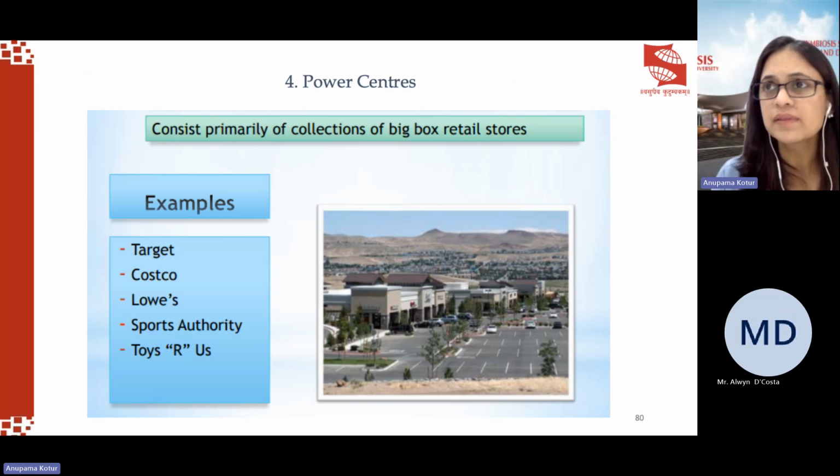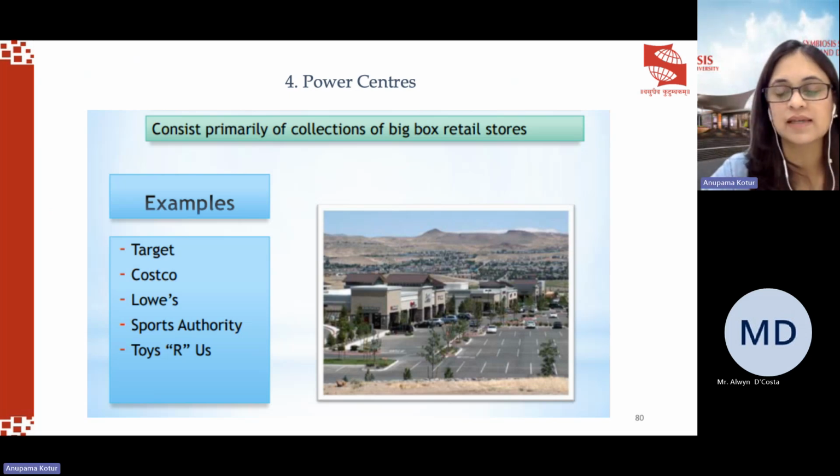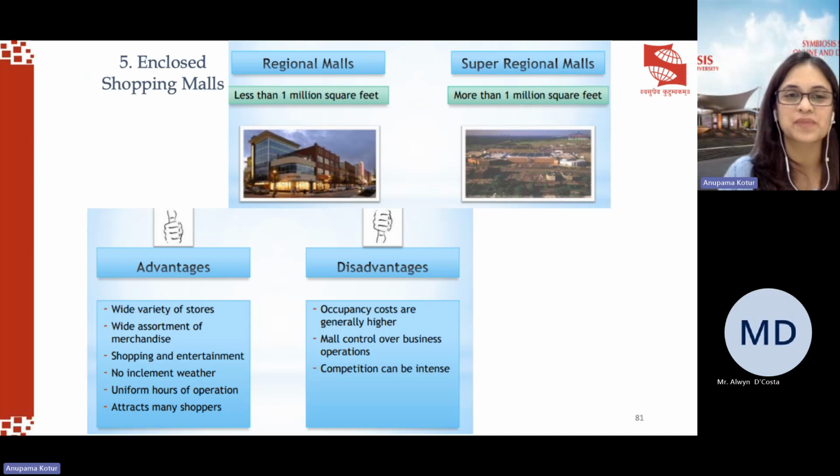And is it very common? In the US, yes, of course, very commonly found, because it's a very big country. So, in terms of land availability, it's not a very difficult thing for them to put together places like these, as opposed to, say, a UK or a France, which are smaller countries, and it's difficult to imagine power centers like these in smaller countries, right?